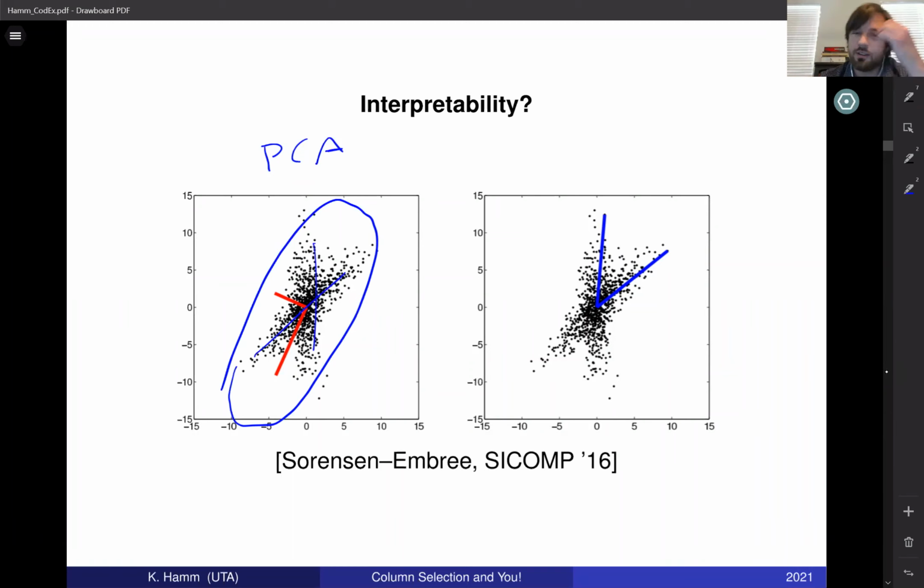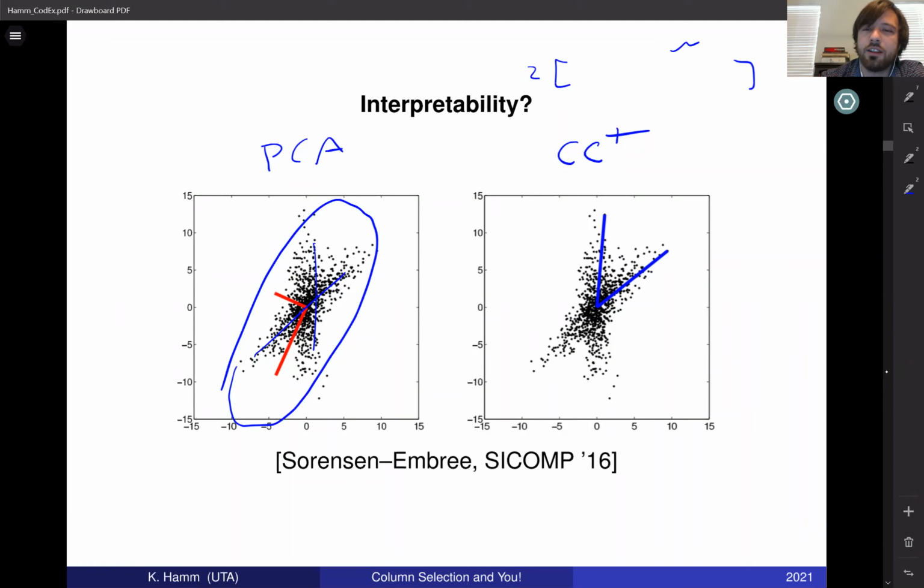On the right, what you have are actually columns of the matrix given by C times its pseudo inverse that you would get from doing column selection. This is done by taking your data, considering it as a 2 by n matrix, and choosing some small number of columns. You could choose n divided by 4, n divided by 2, anything like that, and you'll get this result.